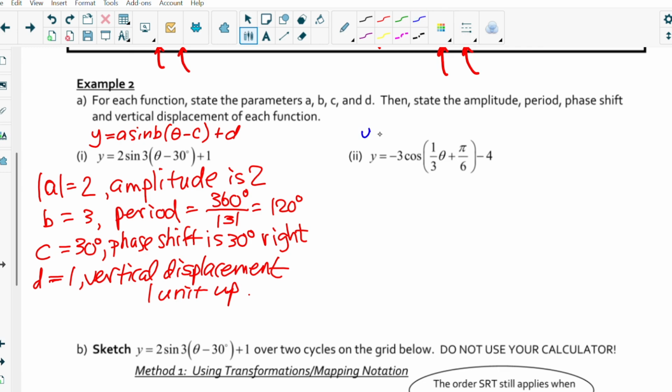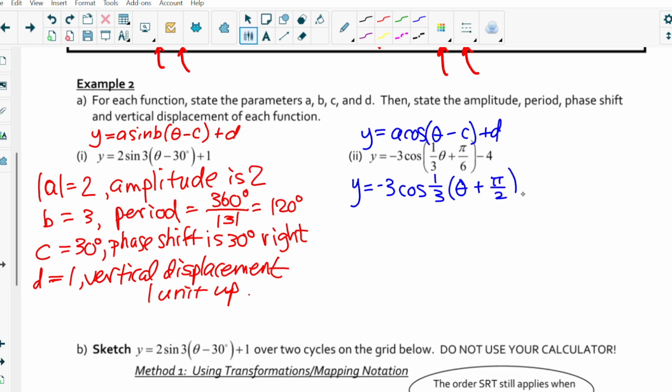Let's stack the two equations. Y equals a cosine of b theta minus c plus d. Well, this is not in that form, so we need to make it into the form. So y equals negative 3 cosine. Let's factor out a 1/3. How do I get a pi over 6?